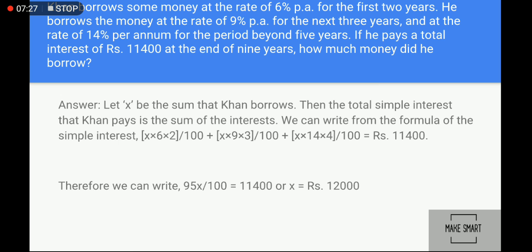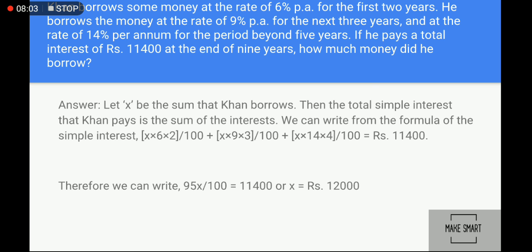Then the total simple interest is the sum of the interests. Using the formula: x into 6 as rate of interest into 2 as time, divided by 100, plus x into 9 into 3 by 100, plus x into 14 into 4 by 100, and the simple interest is 11,400. After solving this we get the result 12,000. This is the principal amount.